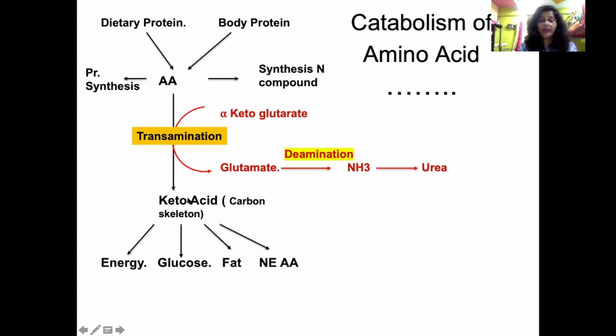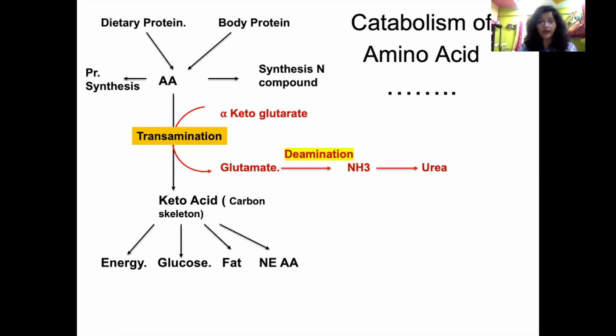Now what is the fate of the keto acid which is formed here? The keto acid can undergo complete oxidation to produce energy in the form of ATP. It can take part in gluconeogenesis and form glucose. It is also a precursor for synthesis of fat, and through the transamination reaction again it can form non-essential amino acids.